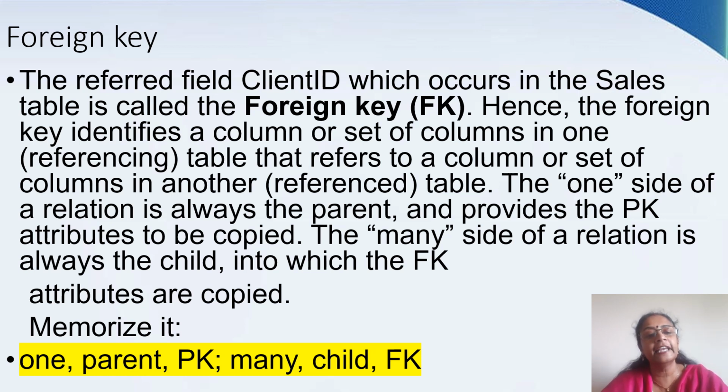Hence the foreign key identifies a column or a set of columns in one table that refers to a column or set of columns in another table. The one side of a relation is always a parent and provides the primary key attribute to be copied. The many side of a relation is always a child, into which the foreign key attributes are copied.